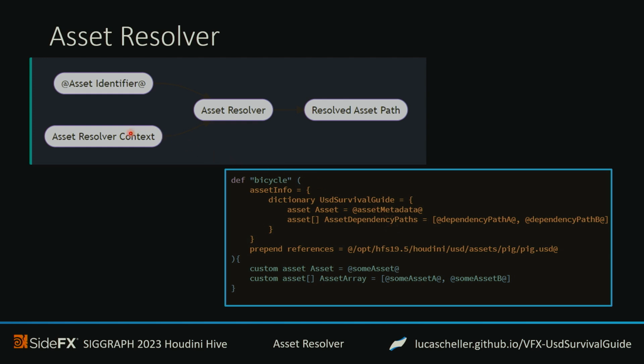It uses the asset resolver context, which is just an object that carries sidecar info that helps you resolve your path. So instead of just storing strings, USD has the concept of asset paths, and they get resolved. It's your mechanism of redirecting paths to where the actual data is.